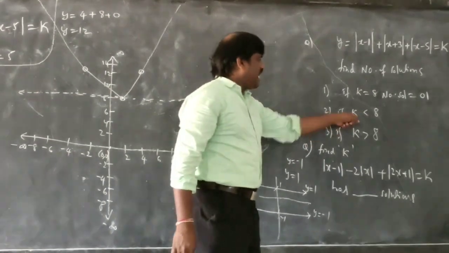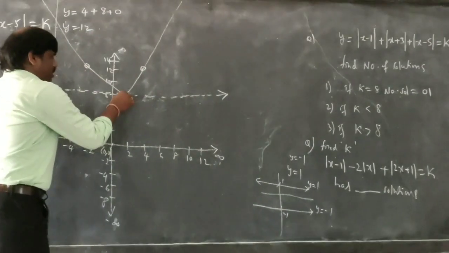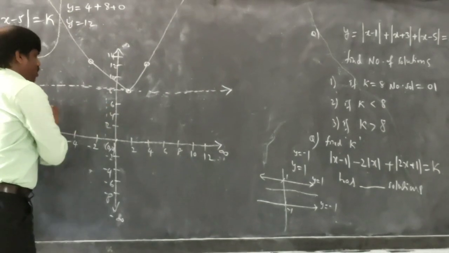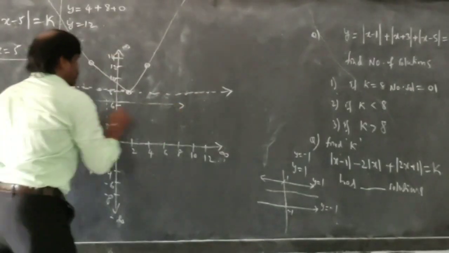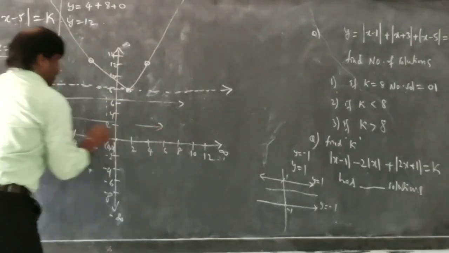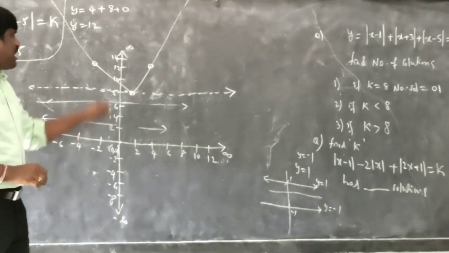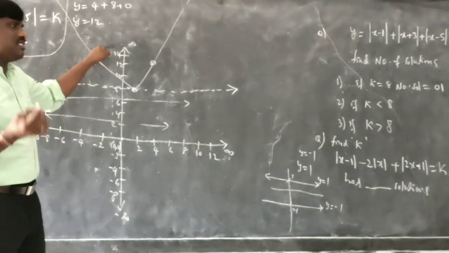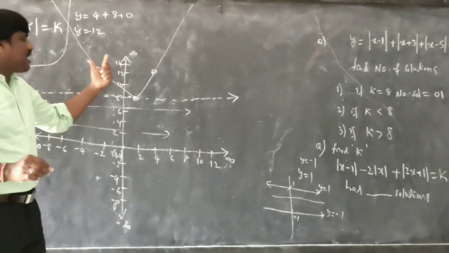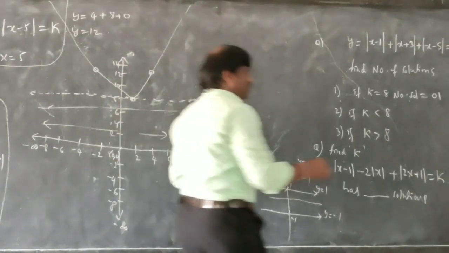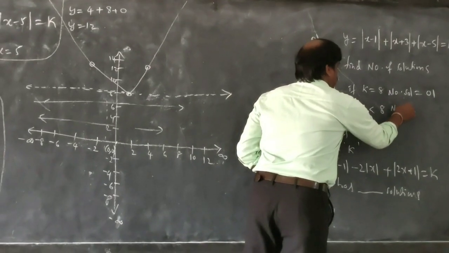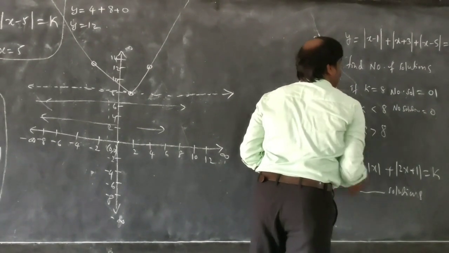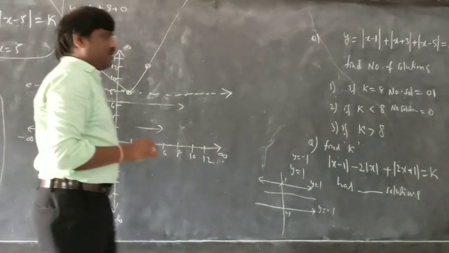When k is less than 8, below 8, you draw any line less than 8. Will this line touch the graph? No, it will not touch and it will not cut. So no solution. The number of solutions is 0.